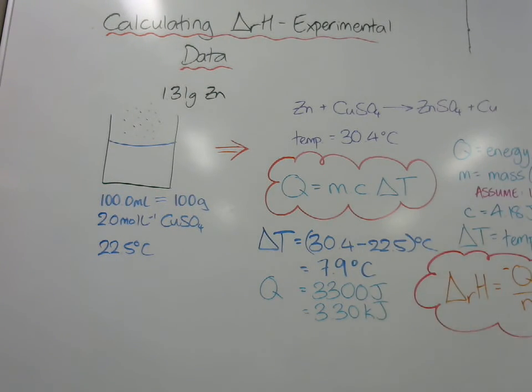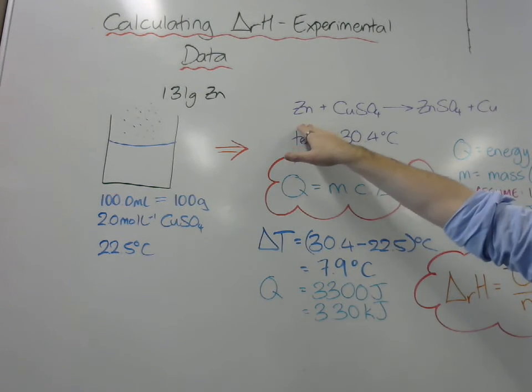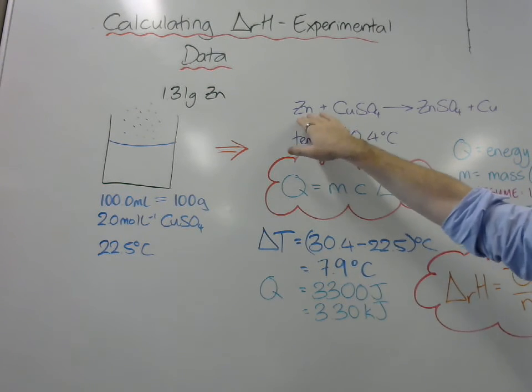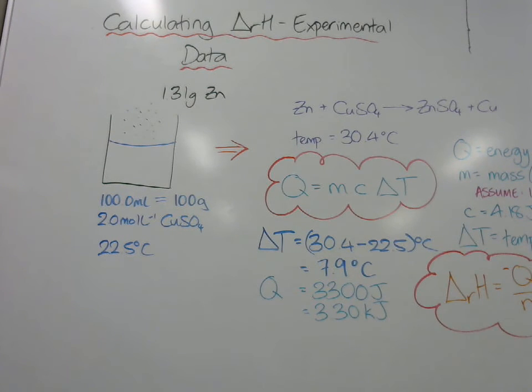What is this the Q value for? What is this the energy change for? Which substance? Zinc or copper sulfate? Copper sulfate. But actually what we've got is the displacement of zinc occurring. That's what this reaction is. So we actually need to know what it is for the zinc.